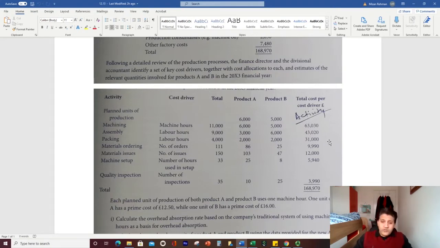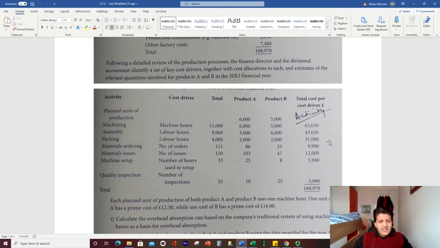This is the stores department cost, which keeps the material and then supplies it to the factory production department. Material issues are 150 in total, 103 for A and 47 for B.